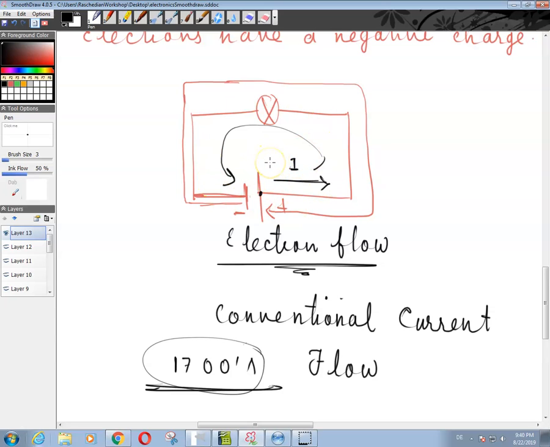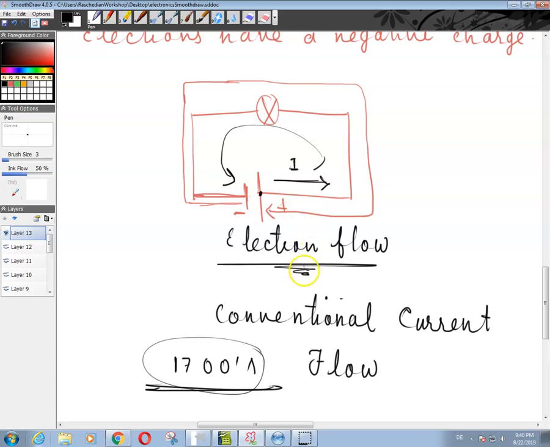So for many years, this conventional current flow was the norm in electronics and in electrical engineering and everything related to them. But then, after a while, physics came up with, I suppose in the 1900s or so, around the time of Einstein, all of those things about atoms and subatomic particles were discovered by science.